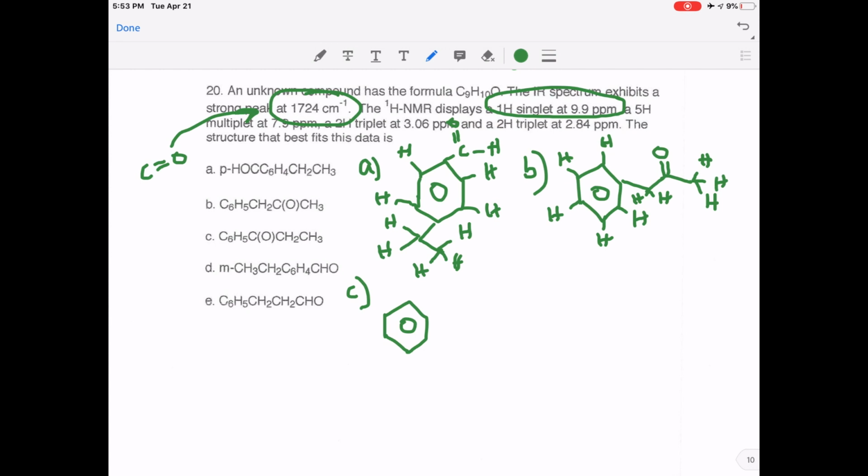I apologize, this is actually supposed to be option C. Or no, this is B. Confused it, but here we have... I'm just drawing out these protons because it makes it easier to interpret the data.